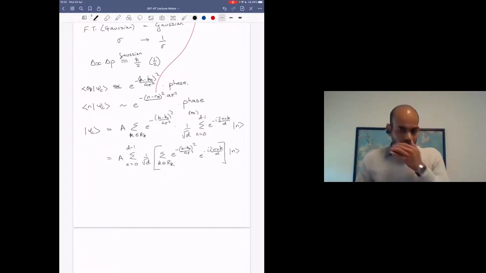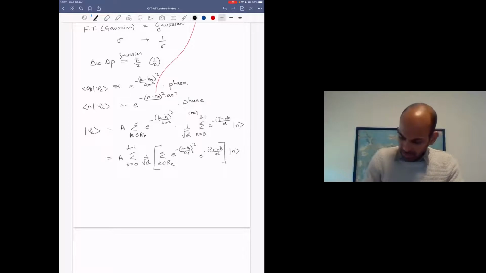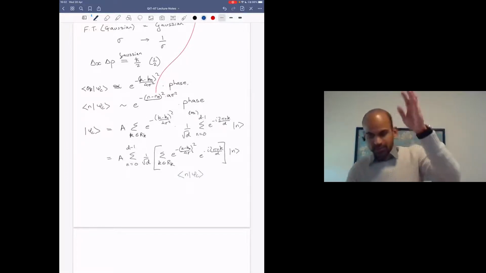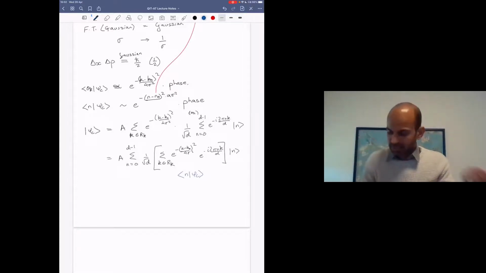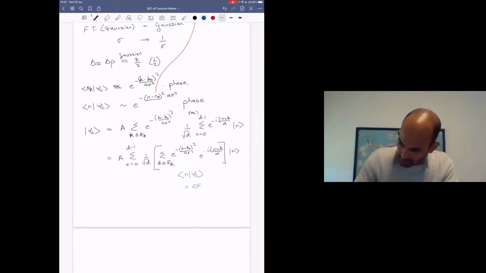So this is psi c. So this is now our n psi c. Together with the 1 over square root of d, of course, our coefficients in the energy eigenbasis are proportional to this, which is the discrete Fourier transform of the theta k psi c.